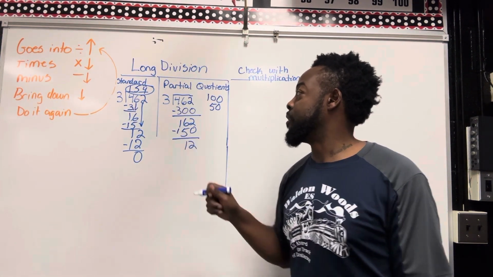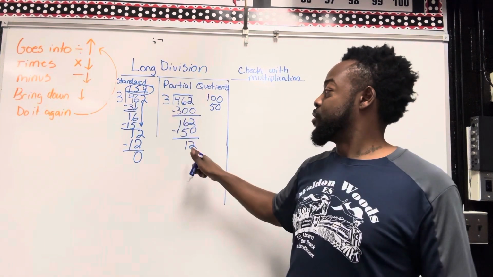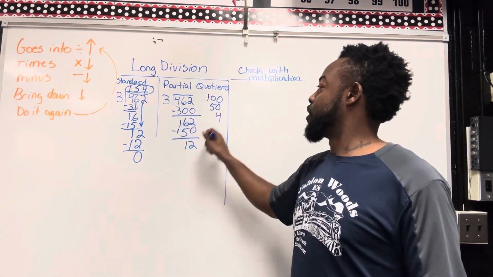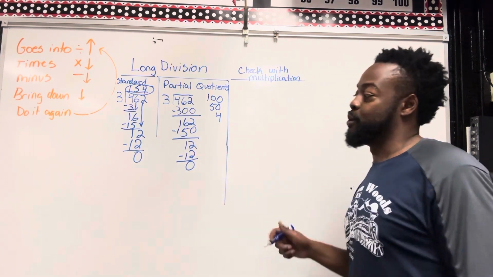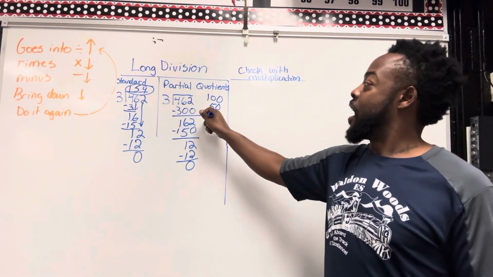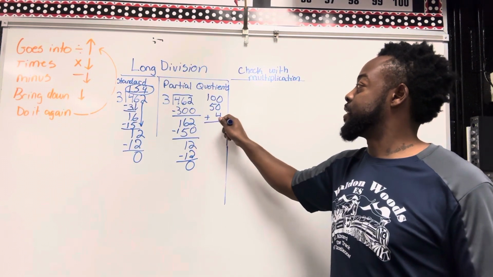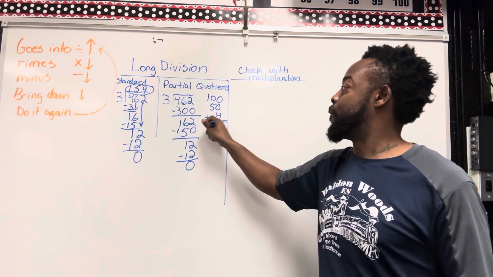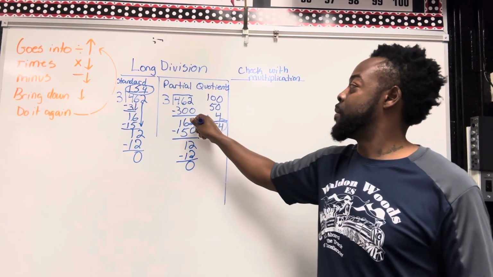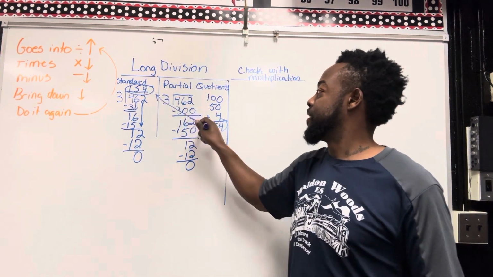We're down to 12. 3 goes into 12, 4 times. Let's just take that away. We're down to 0. We'll add all of our partial quotients together, and we'll get 154. We got the same answer as here.